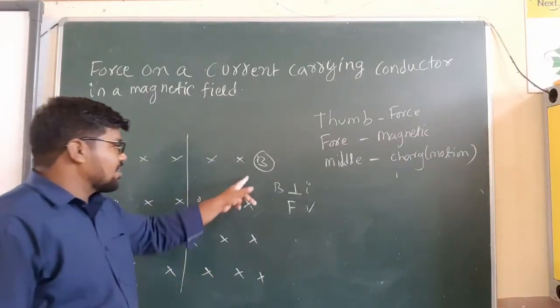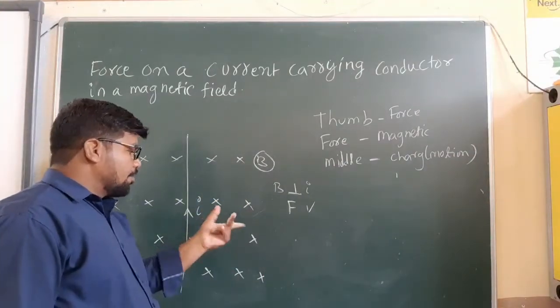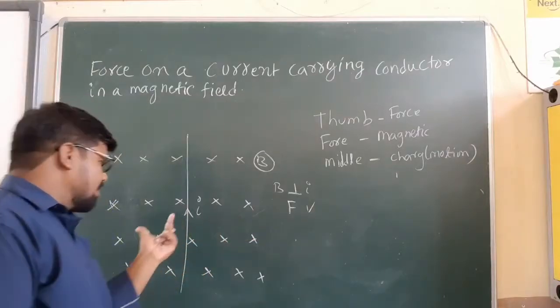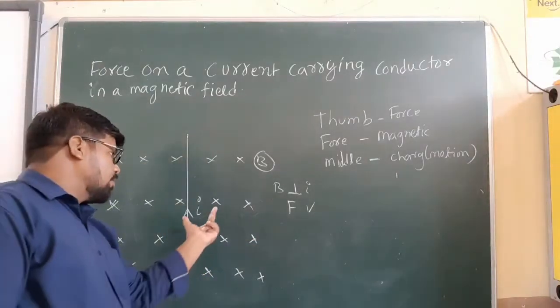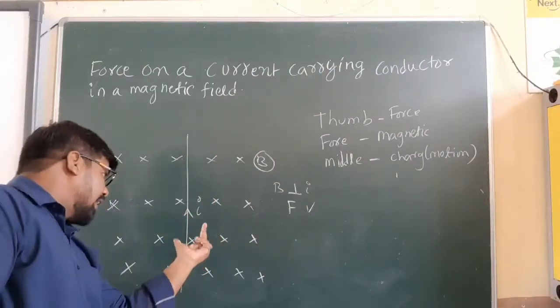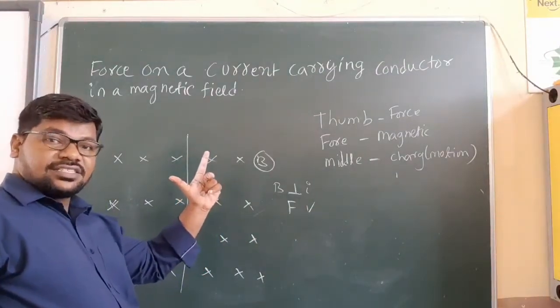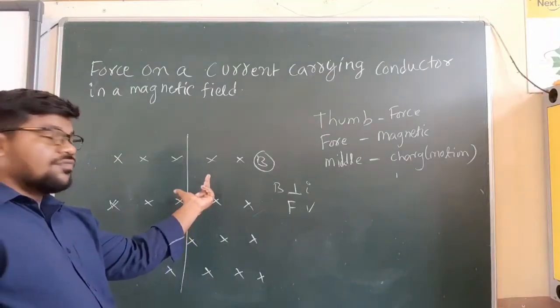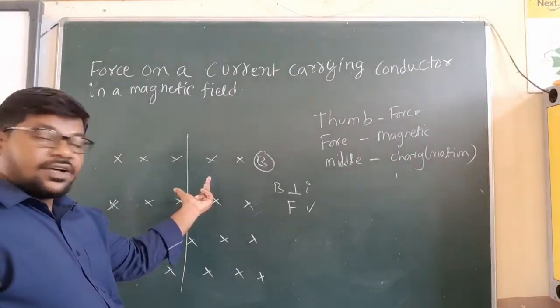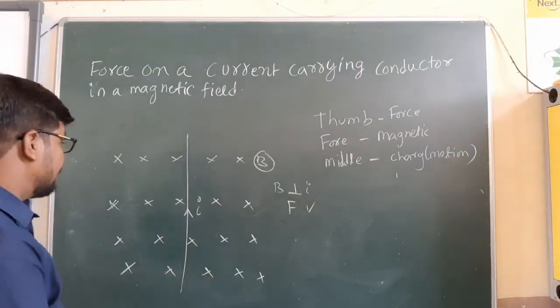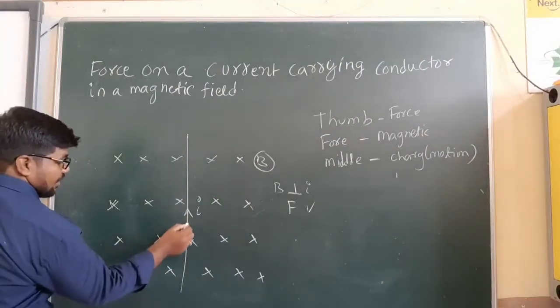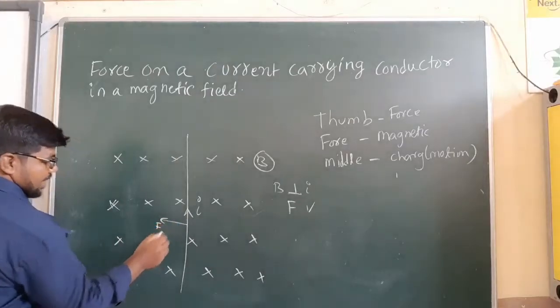Here we need to apply it. The magnetic field enters into the pole, and the middle finger indicates current like this. The forefinger points into the pole, the middle finger points up. So in this case, the direction of the thumb finger is left. Clear? Here the force is acting.